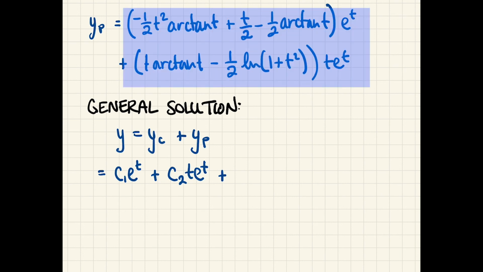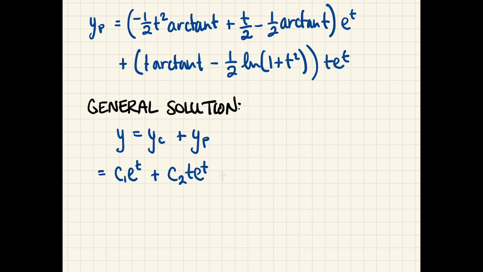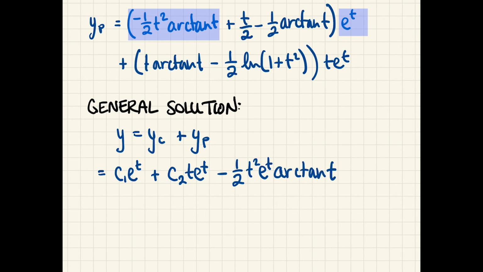So we'll just distribute the e to the t. So we're going to have minus 1/2 t squared e to the t arctan of t. And notice that if we distribute e to the t over 2, we're going to get a redundant term to the t e to the t term. So let's skip that one, but we'll keep going.